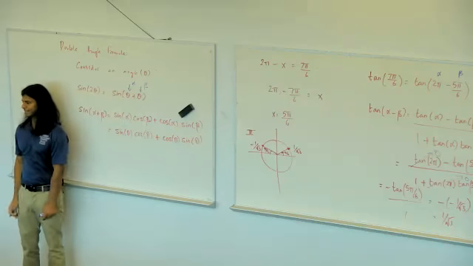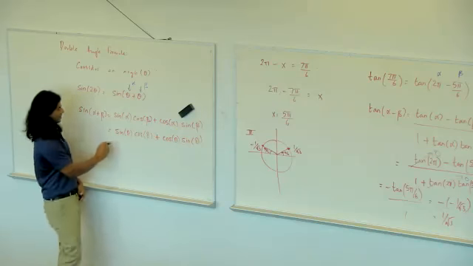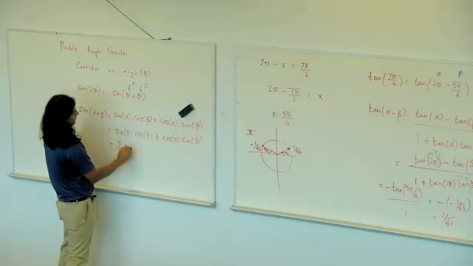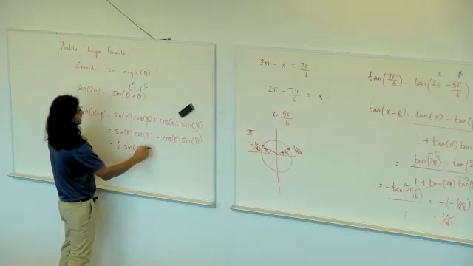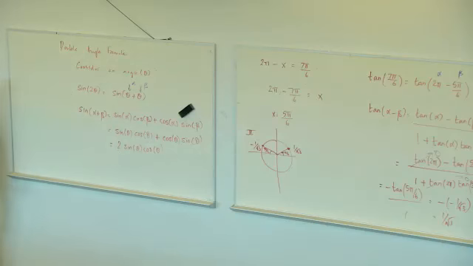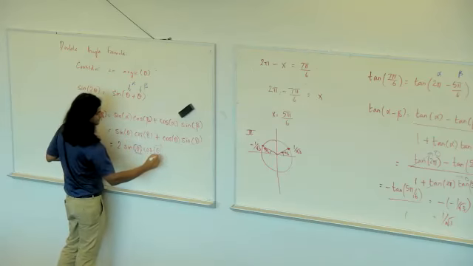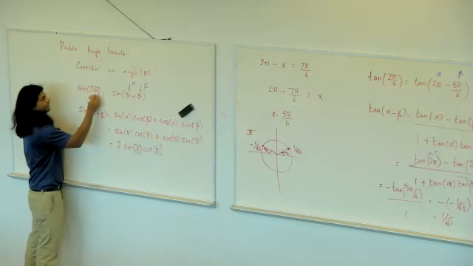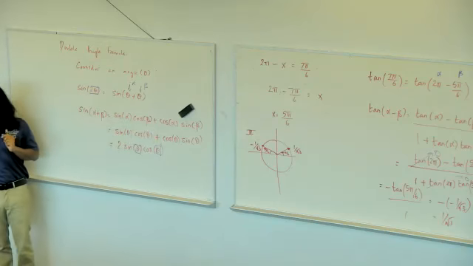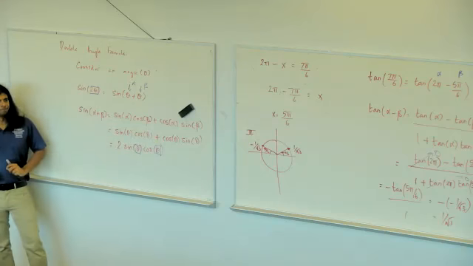Those two are exactly the same. Do you agree? So 2 sine theta cosine theta. We call it a double angle formula because you start with theta and you're actually finding sine 2 theta. Double the angle theta. Good?